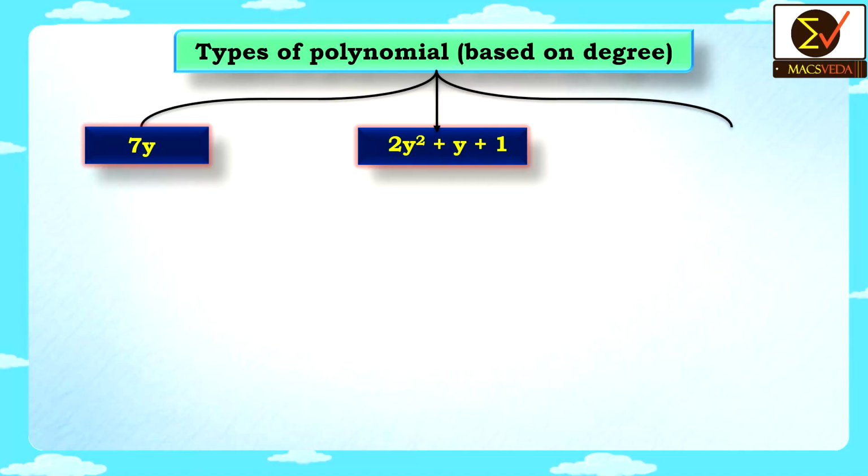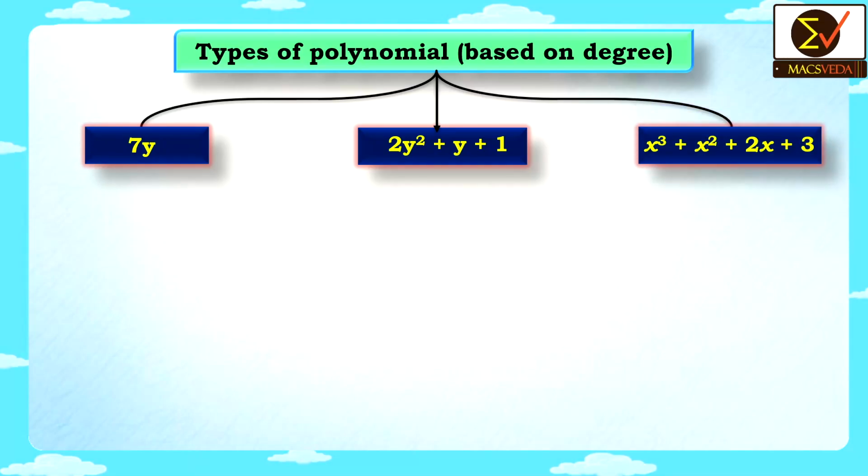So power 0 is there, power 1 is there, power 2 is there. And in the third one we have the highest power, or highest degree, 3. You can see the different powers here: power 3 is there, power 2 is there, power 1 is there, and power 0 is there. So the highest power or highest degree is 3.